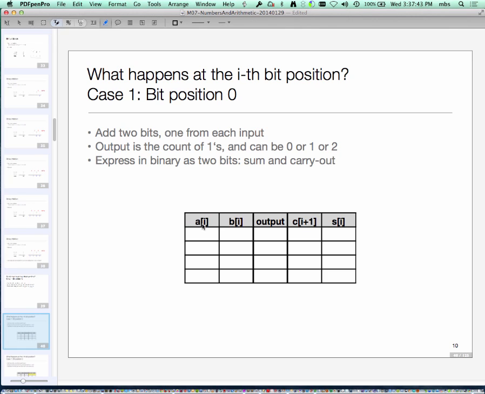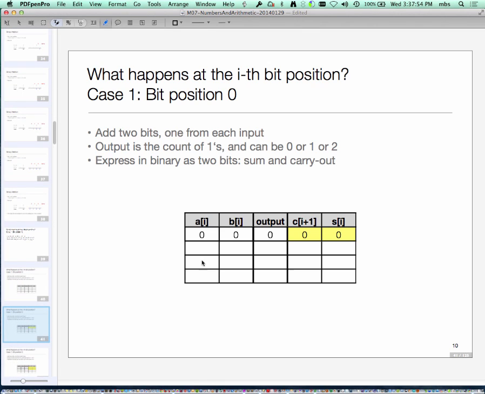So I have 2 inputs, AI and BI, and I have 2 outputs, the sum for the ith bit and the carry which I'm going to give to the next bit location. So if my inputs were 0 and 0, my output value should be 0, which means carry is 0 and sum is 0. If input was 0 and 1, that means my output is 1, which means the sum is 1 and carry out is 0.